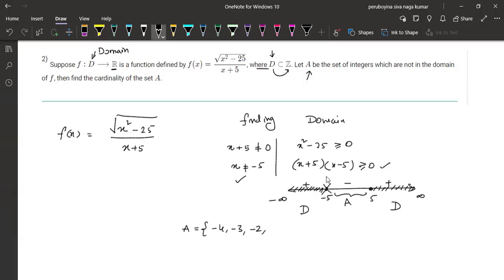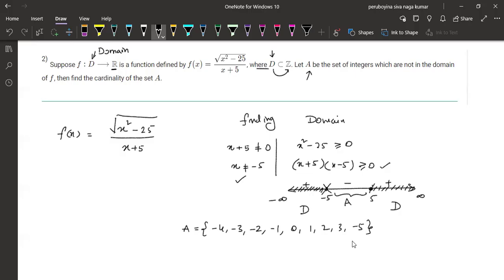Only integers will be taken, no other numbers. So minus 1, 0, 1, 2, 3. 5 is included in the domain part, and minus 5 is not included in the domain part. So you can take minus 5 also in the set A. Why? Because we already avoided it in the domain part, so what is avoided in the domain part will exist in the set A.